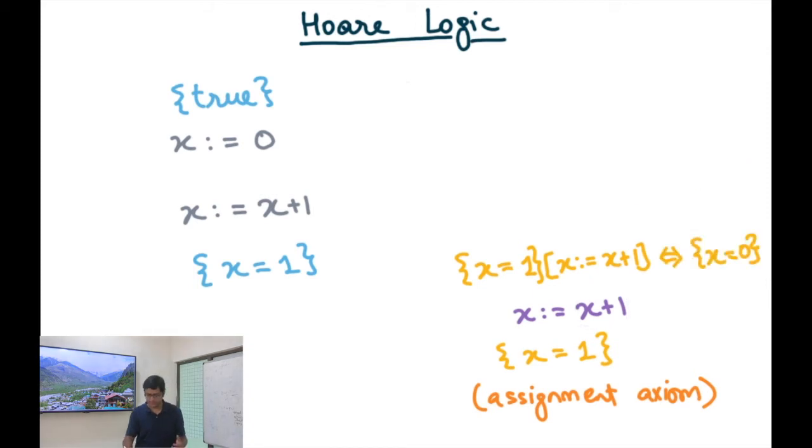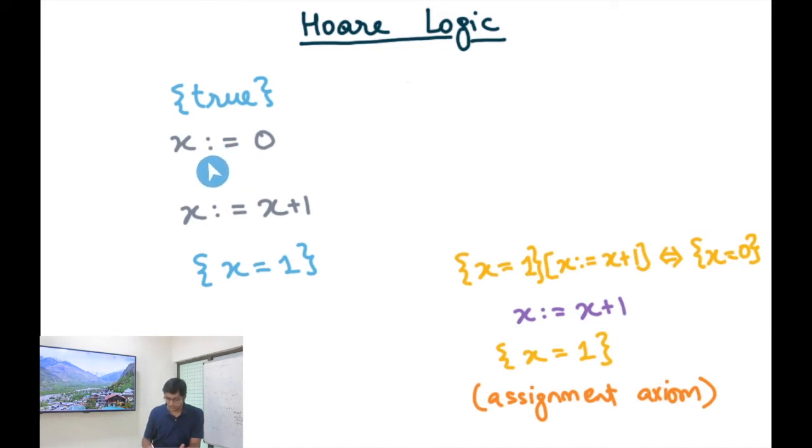So from the assignment axiom I have been able to construct a Hoare triple which says x equals 0, x colon equals x plus 1, x equals 1. Precondition, program, post condition.